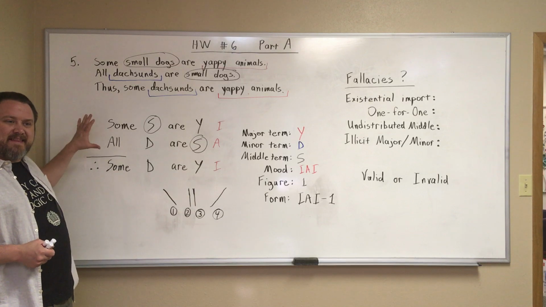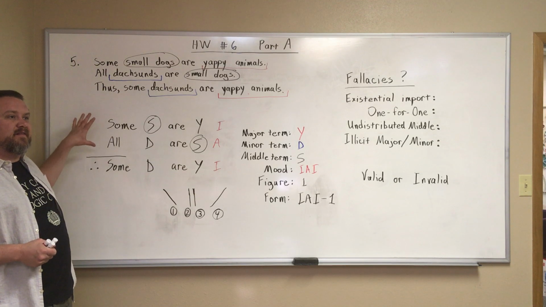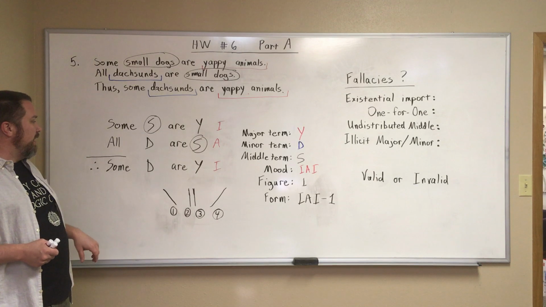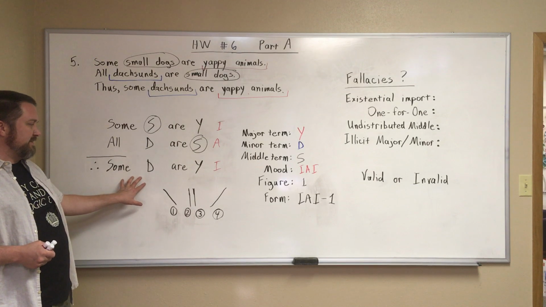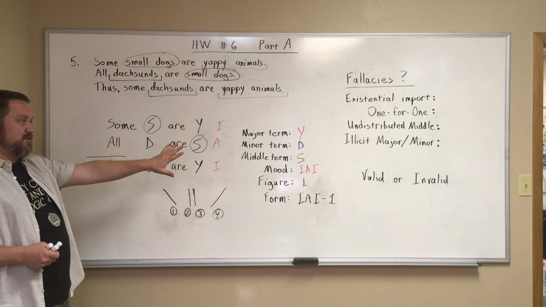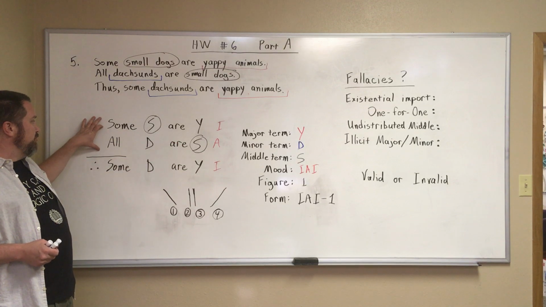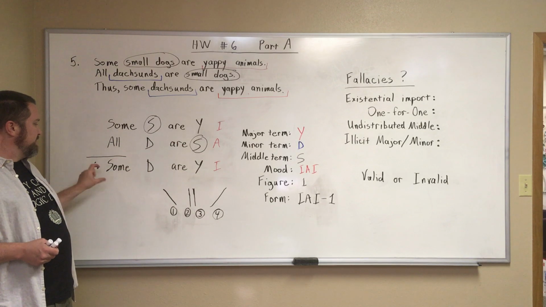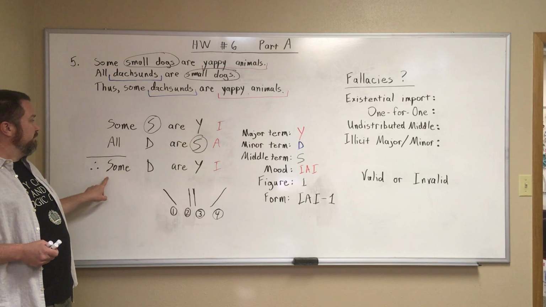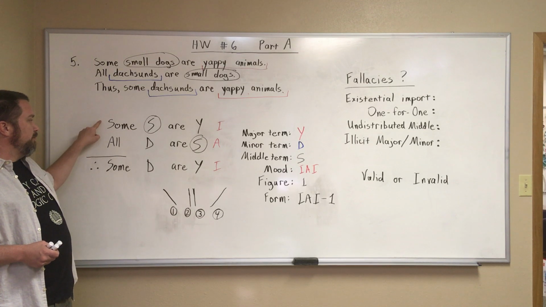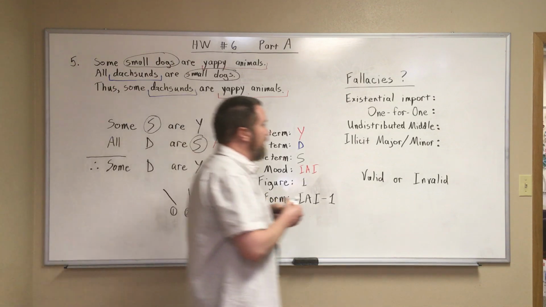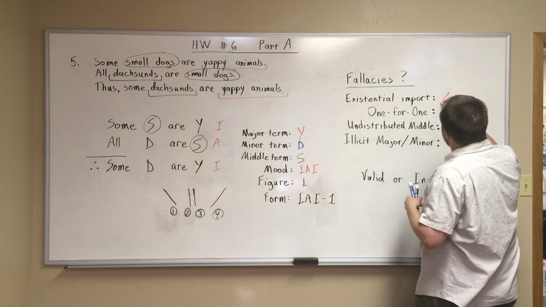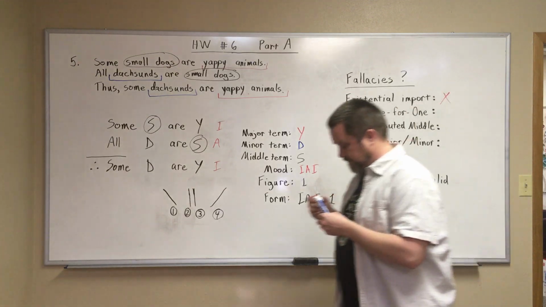It's not saying that anything actually exists. It's just saying that should it exist, this is where it's at. And then you're saying it does exist in the conclusion. So existential import, you're looking for two universal premises and a particular conclusion. We have one particular premise, so that's already wiped out, so we're good there. So there's no existential import fallacy.